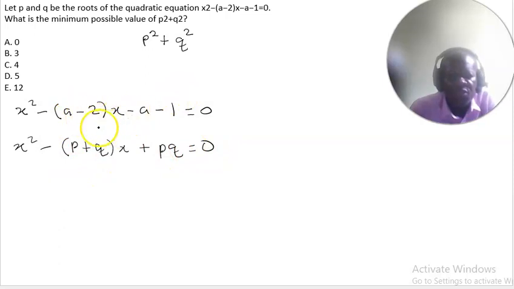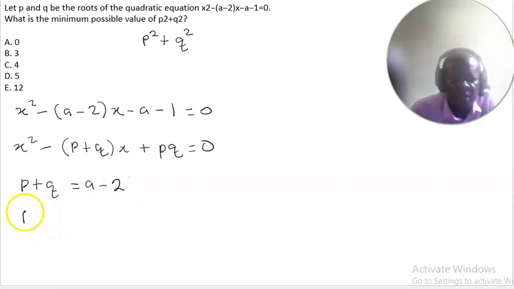So from this equation, we can see very quickly that P plus Q, which is the sum of roots, equals a minus 2. And the product of roots, PQ, equals minus a minus 1.